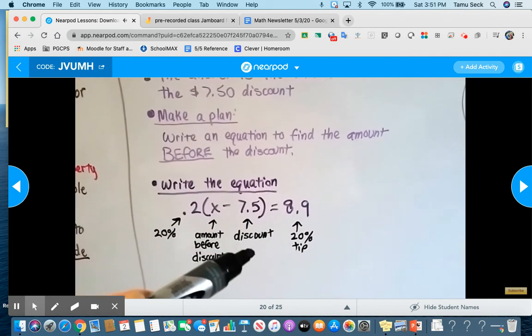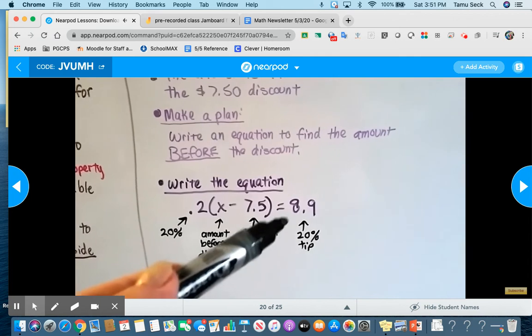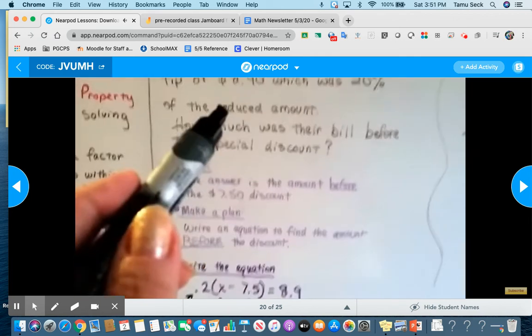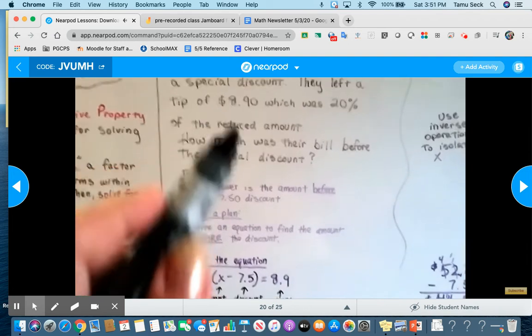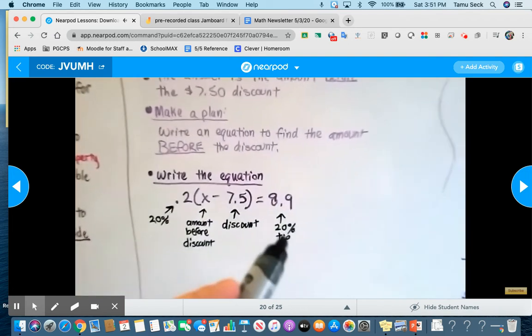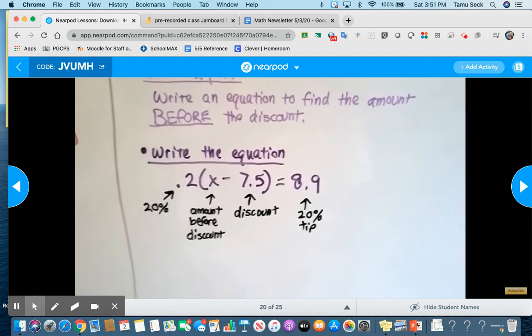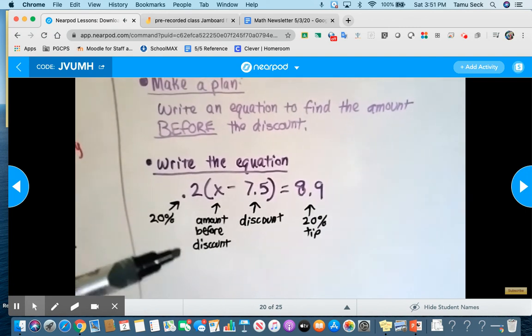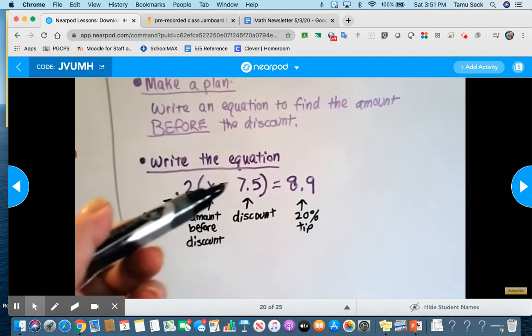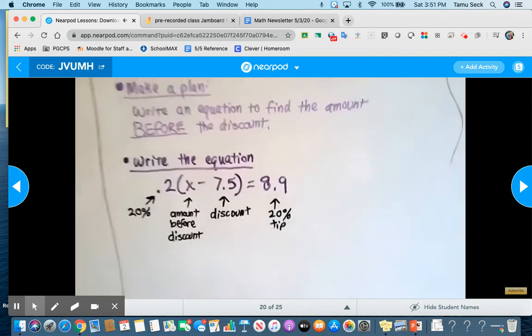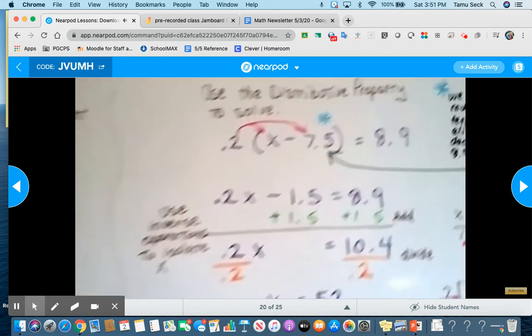We don't need to write that 0. 7.5 is good enough. 8.9 is the $8.90 tip that they left. That's the 20% tip. We don't need the 0 after that either, really. Okay? So now we got our equation: 0.2 times the quantity x minus 7.5 equals 8.9. Now we can just simplify it and solve it.